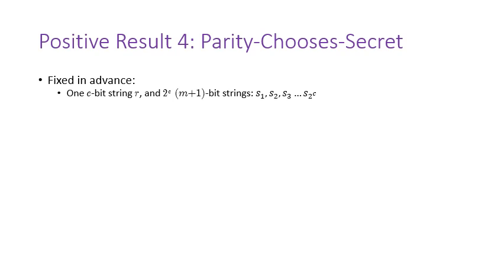Lastly, we are going to talk about sort of the symmetric analog of the previous problem. We call it Parity-Chooses-Secret. In advance, we fix this c-bit string R. This is our parity. And then we have 2 to the c different secrets, and each one of them we further split into an n+1 secret share of the secret.